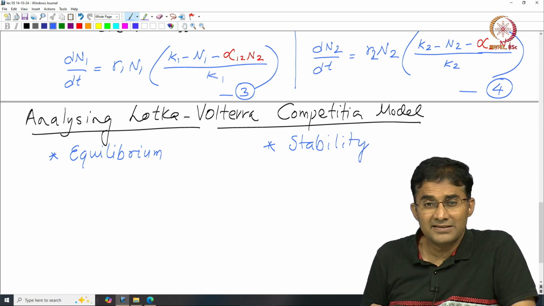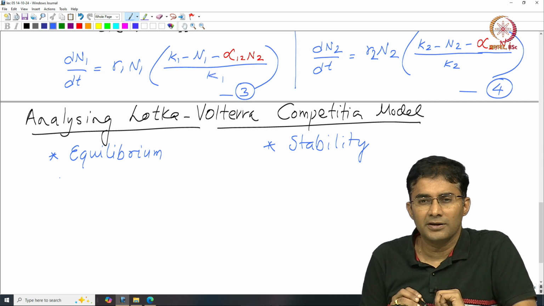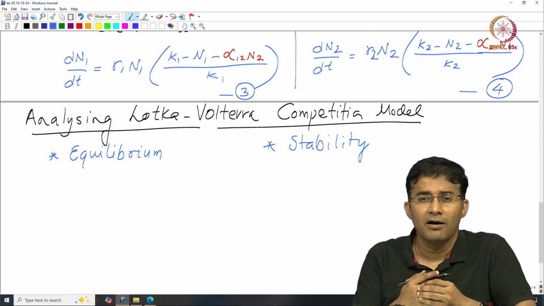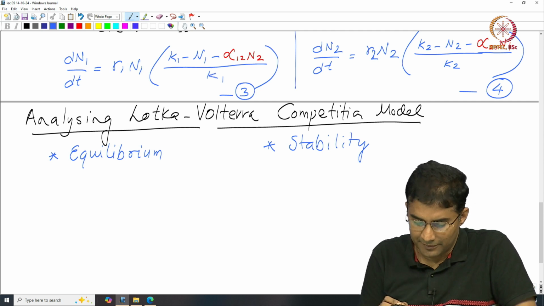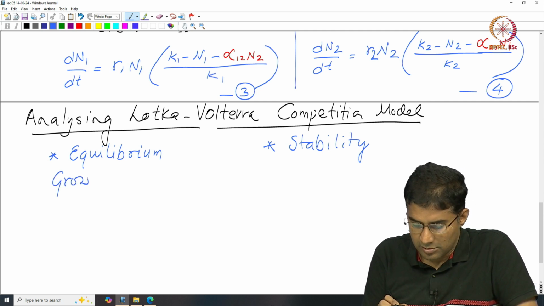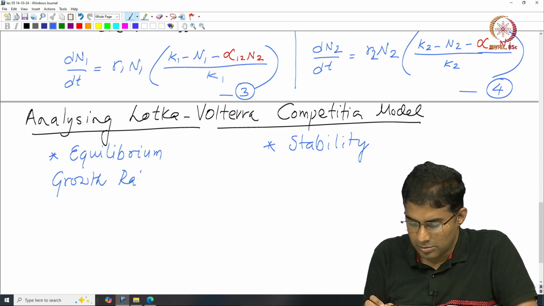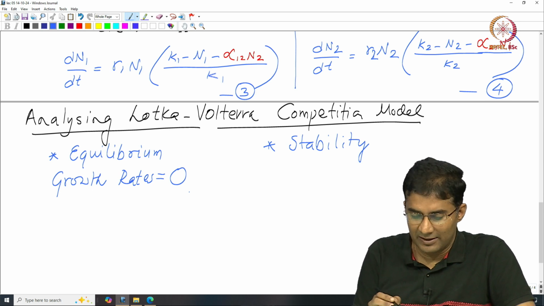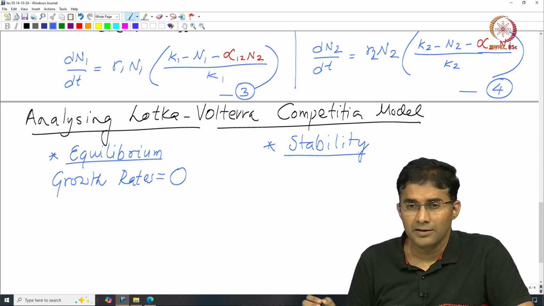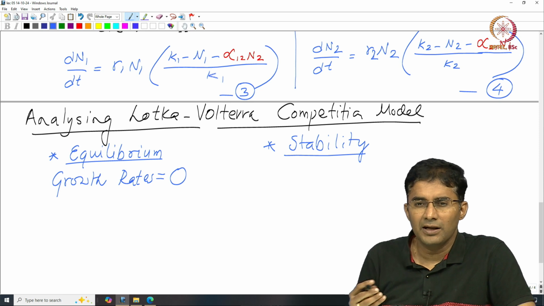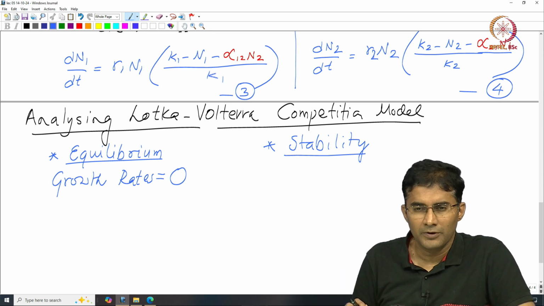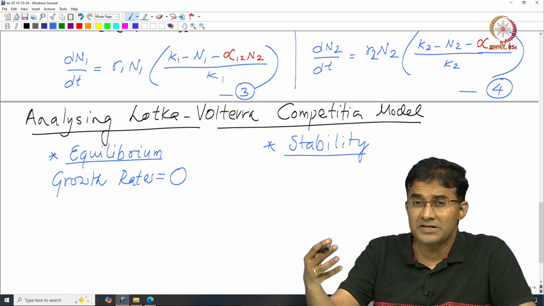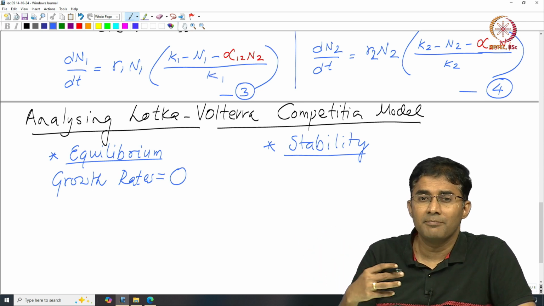Recall that equilibrium meant a scenario where the growth rates are 0, which means if the populations are at those sizes or densities, they do not change any further. This is how we find the equilibrium values. What about stability? Stability means that if I make a perturbation from the equilibrium, would the perturbation increase further or would the perturbations decay, and therefore I return back to the equilibrium.